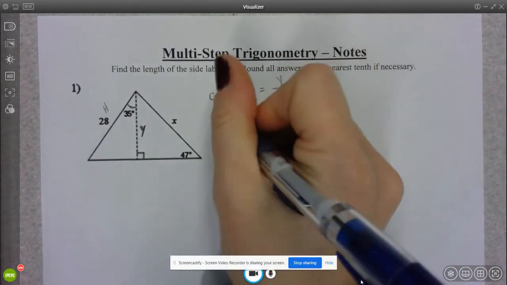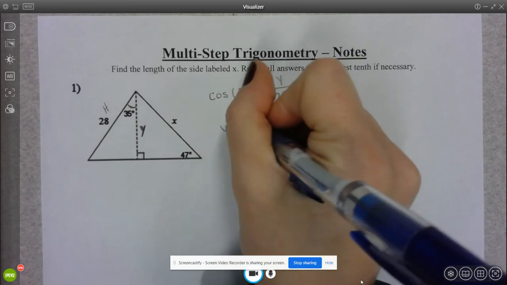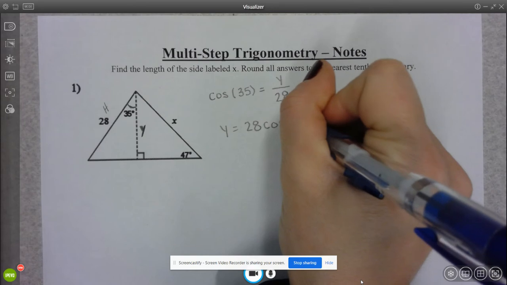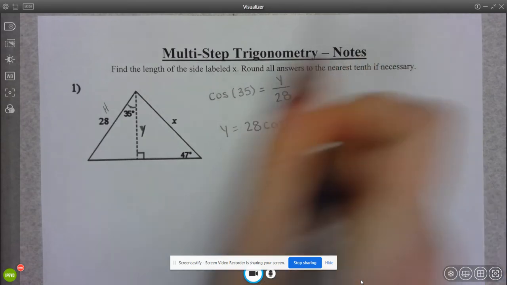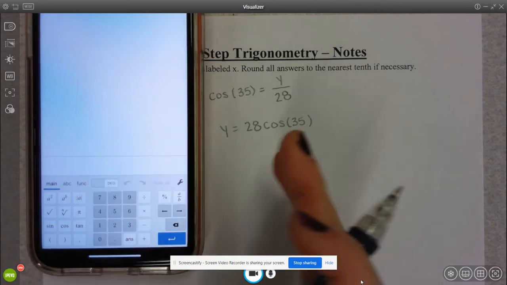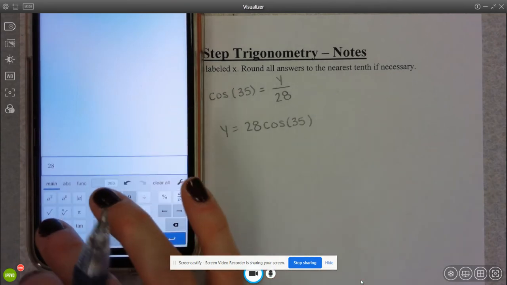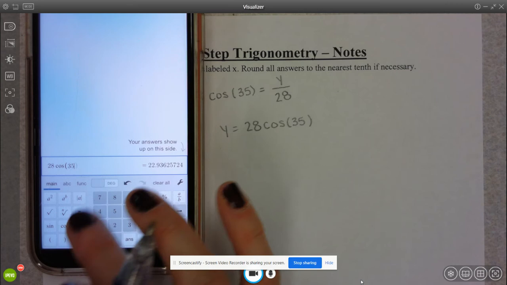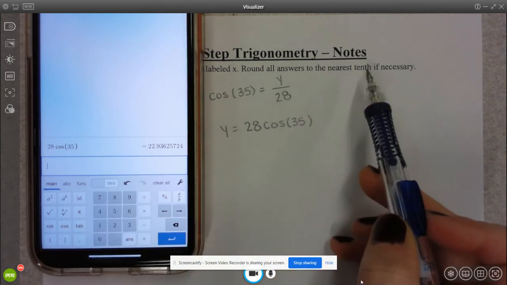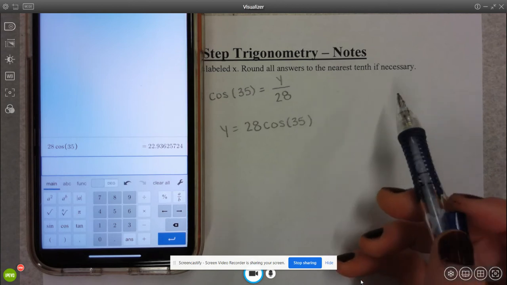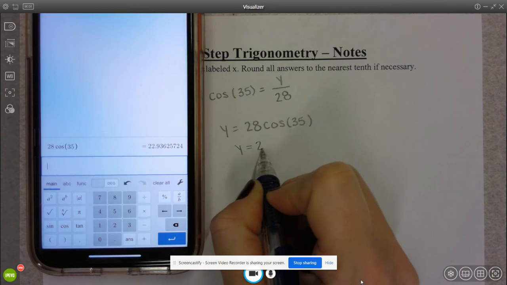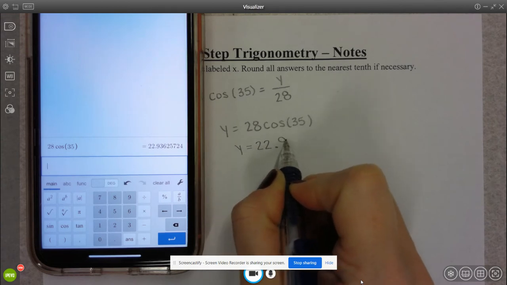Multiplying by 28 on both sides tells me that Y is the same as 28 times the cosine of 35. So that's exactly what I'm going to put into my calculator: 28 cosine of 35. Now it did tell me that I'm rounding all answers involved to the nearest tenth. So I'm going to say that my Y value is 22.9.